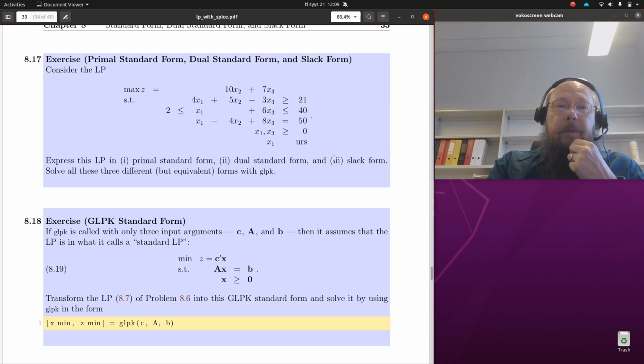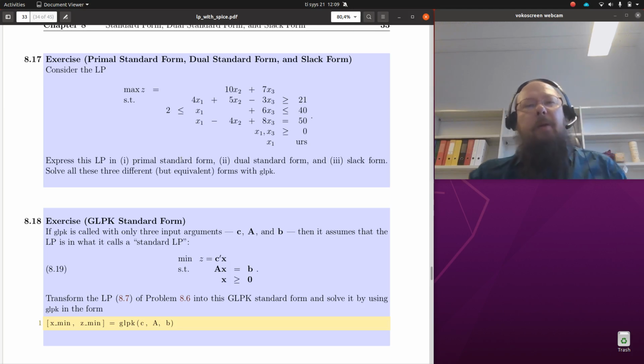I think that from the primal standard form it is relatively straightforward how to do the slack form. It might also be a good idea to do the slack form directly from this form, because for the slack form you need equalities, and in this you see that you already have an equality here, so you don't need a slack.